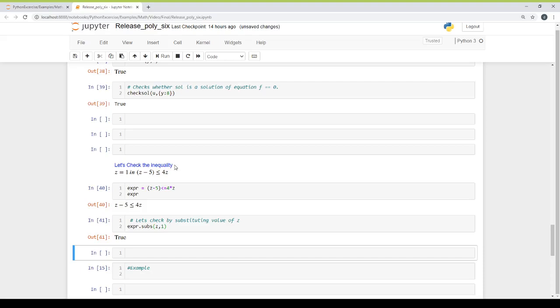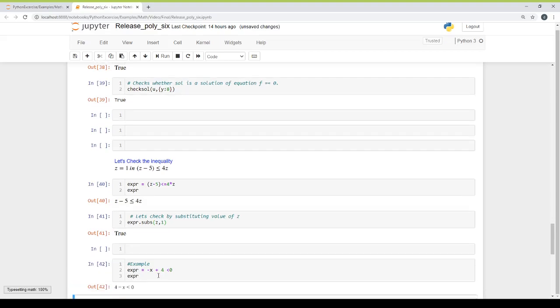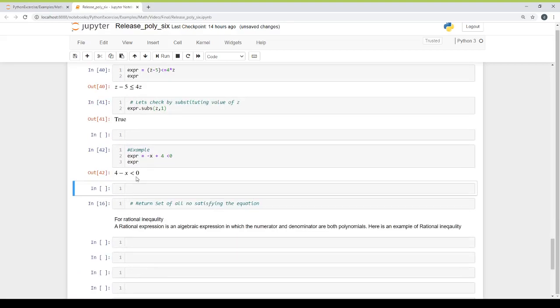Now the next thing, expression. Suppose we have an expression 4 minus x less than 0. We want to check this inequality by calling the method solve_poly_inequality provided by the Sympy package.